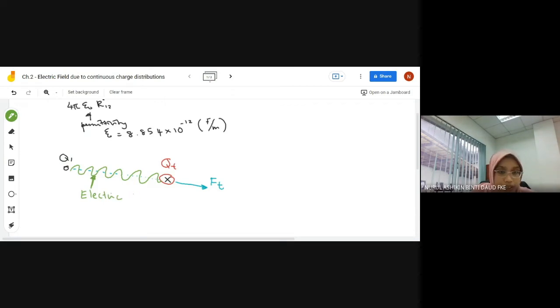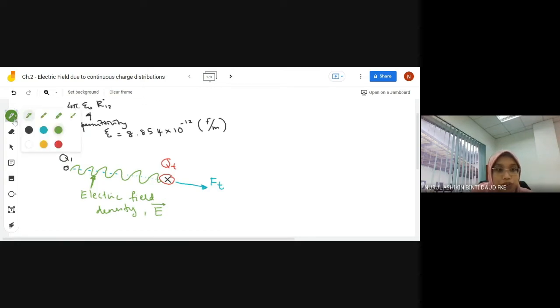electric field density, which can be represented as E, and since it has a direction towards Qt, it is a vector form. So how do we define this Et?